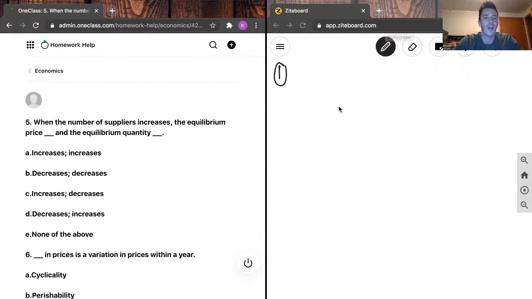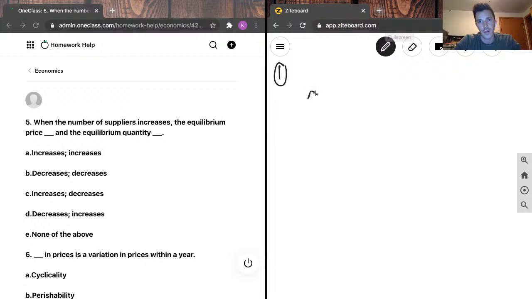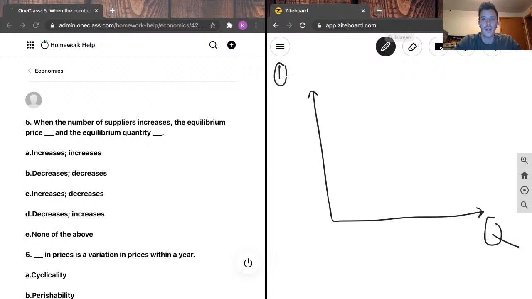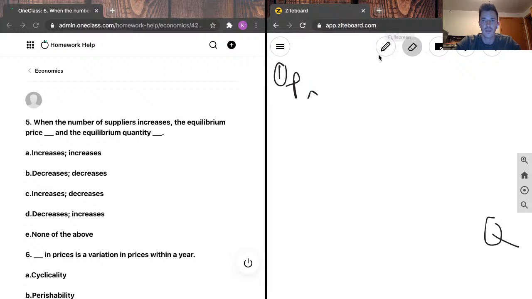So when the number of suppliers increases, what happens to equilibrium price and equilibrium quantity? We can draw our typical supply and demand graph, where we draw quantity on the x-axis and price on the y-axis.